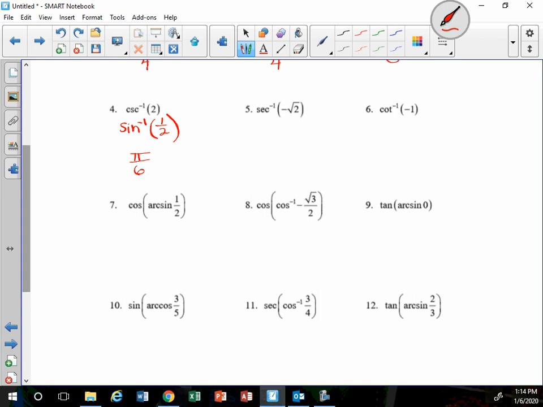All right. So number 5 is a secant question. I would do that as a cosine question. What's the reciprocal of negative root 2? So I'm asking you, where does cosine equal negative root 2 over 2?